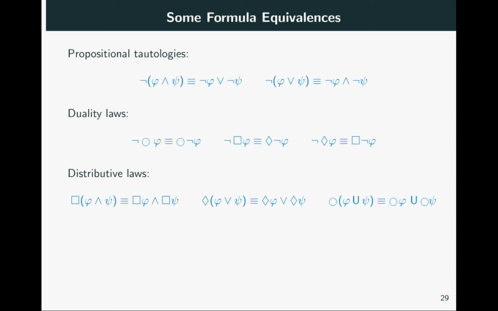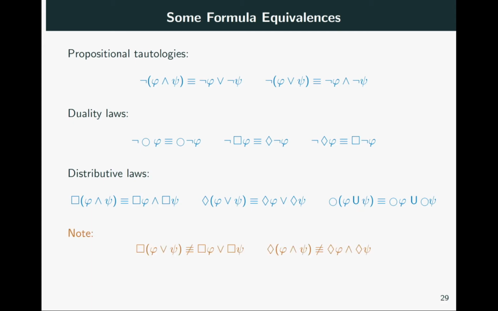And perhaps a bit harder to see why, next phi until psi is equivalent to next phi until next psi. These are called distributive laws because they allow one connective to distribute over another. Always distributes over and, eventually distributes over or, and next distributes over until.